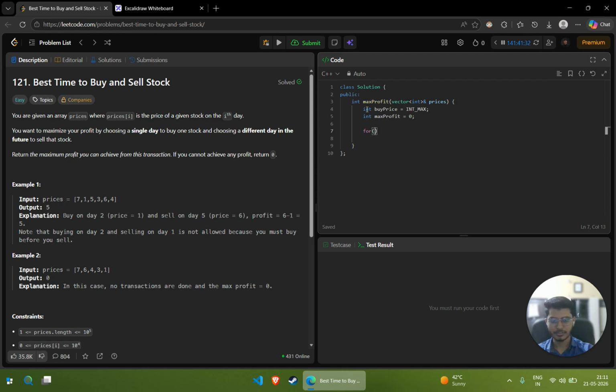Now we will traverse through the array, with index i.